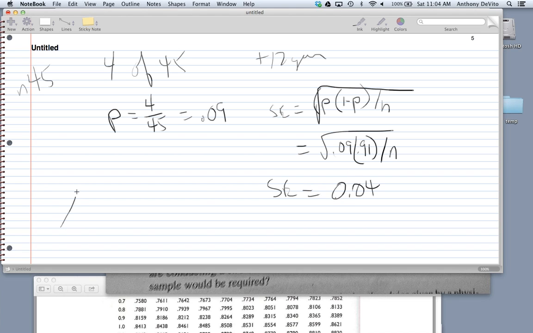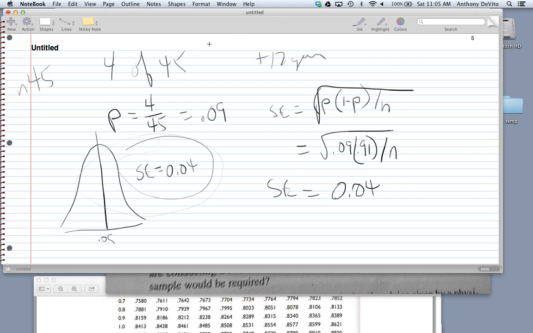If I take repeated samples of size 45 from this population, mothers of children who are in special ed, on the average I'd get a proportion of 0.09. But my standard error, my distribution, would represent a spread of 0.04. I can use this normal distribution as an approximation of what we were working with before, which was the binomial distribution.